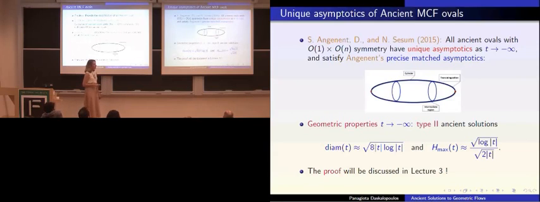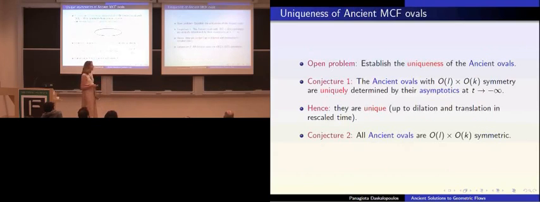Our detailed asymptotics imply detailed estimates on the diameter of the solutions as t approaches minus infinity. It shows that the diameter has this growth, and the same for the maximum curvature. In the third lecture I will talk more about this result.